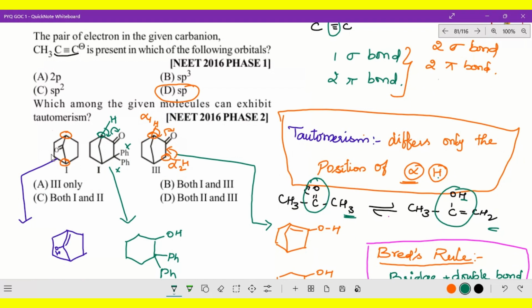Here they have given the bridge compound. The bridge compound means here C double bond O. See, in that cyclohexagon shape, inside there is a double bond. Okay, now in that, where do you identify the alpha hydrogen? That's why I purposely put a circle. Here you will find the alpha hydrogen, and here also you will find the alpha hydrogen.